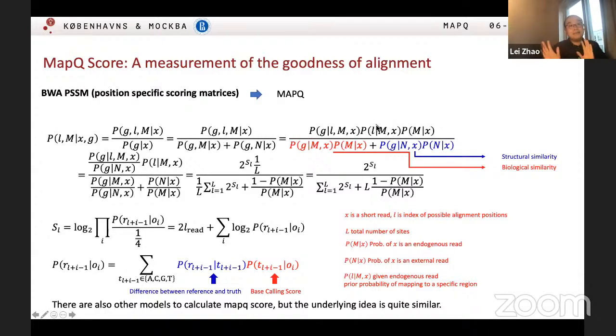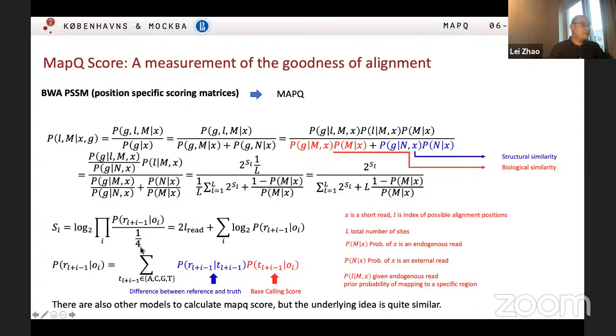Assume that we have a total of L locations along the genome, because the genome is L long. So this value will be 1 over L. And this part is just like you multiply all the base quality scores together.